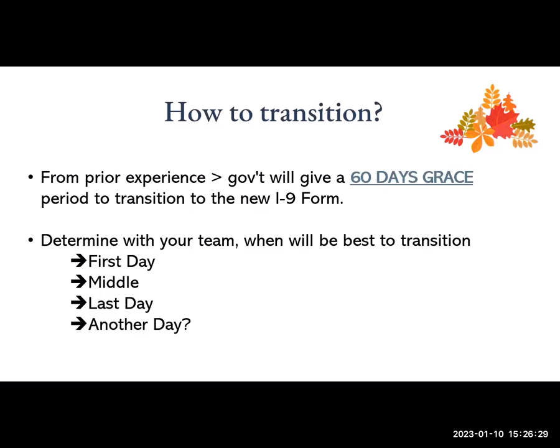They're going to give you a grace period, which is typically 60 days, to transition. So you can begin using it February 1st, and then your 60 days run through February and March, so April 1st is when the cutoff period is.